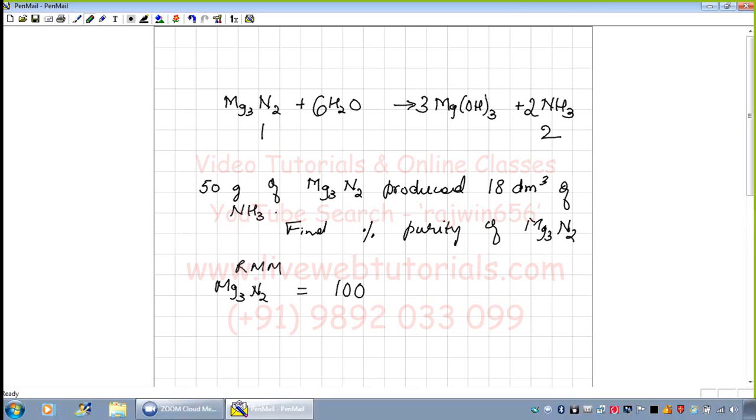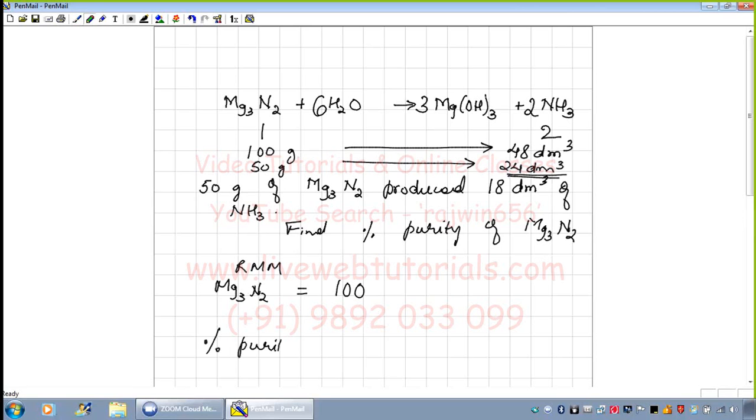So I think 100 grams of it should produce 4 into 24, 48 dm cube. So 50 grams should produce 24 dm cube. This should give me 24 dm cube. It's actually 18. So 18 upon 24 into 100. Percentage purity is 75%. Okay, this will be 18 upon 24 into 100.